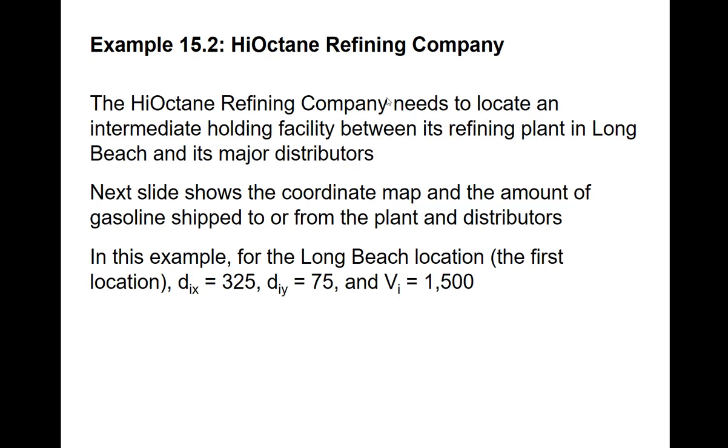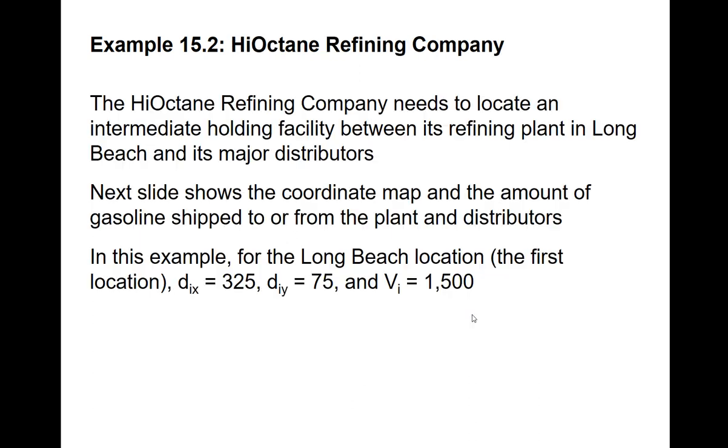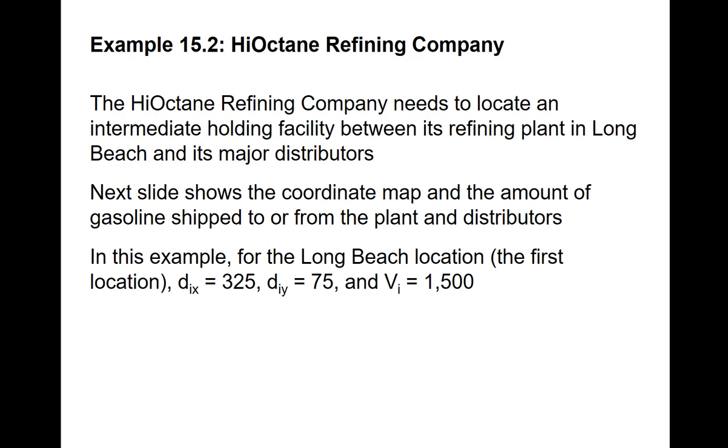And let's take a look at the example here. The company needs to locate an intermediate holding facility between its refining plant in Long Beach and its major distributors. So this is the refining plant, and these are the distributors, and it wants to find a central location which has the smallest distance, the lowest cost.